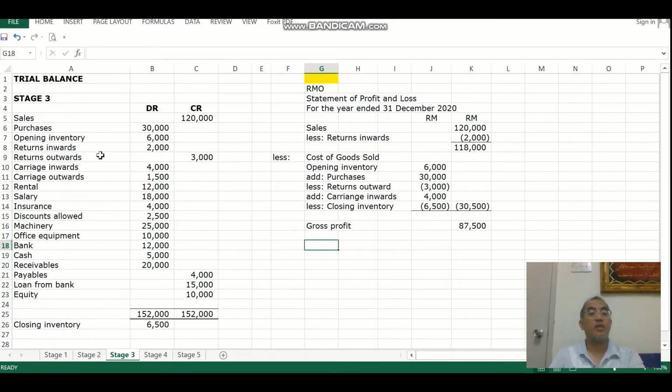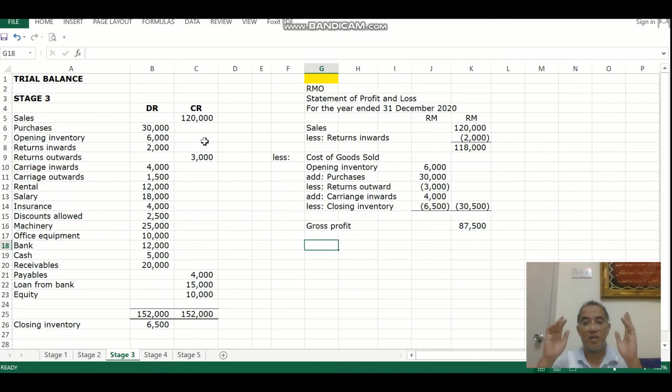Okay, look back at your trial balance. Do you have other income? Other income is also revenue. Revenue, or the other word for sales, will always be in the credit column. So when you have other revenue that is not inside your normal sales, you can find it in the credit column.